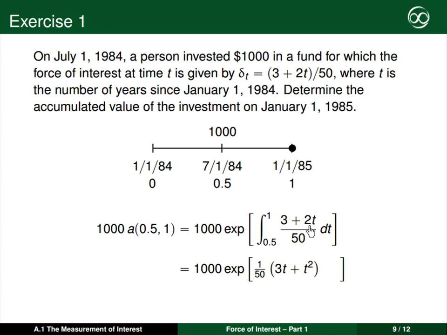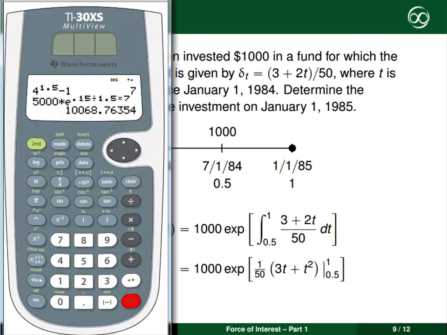Okay, everybody knows how to do that integration. It's very simple. And then I'm going to evaluate this from 1 to 0.5. Now it is a simple calculator exercise. I first plug in 1, and I get 3 times 1 plus 1 squared. And then I subtract, plugging in 0.5, 3 times 0.5 plus 0.5 squared.